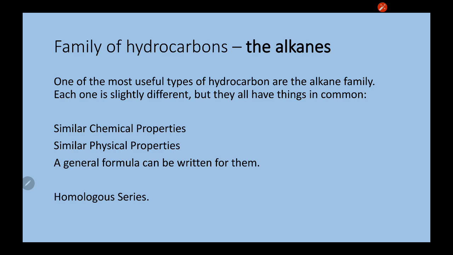Now, what does that actually mean? Well, similar chemical properties mean they behave similarly when you burn them, for example, or when you do some tests on them, or they behave similarly in terms of how easily they combust. Their physical properties, well, that's essentially what they look like.